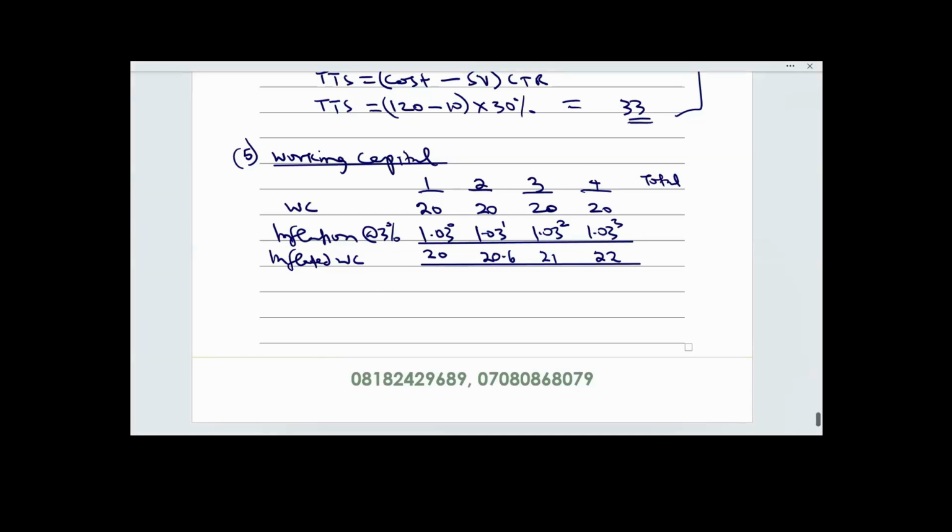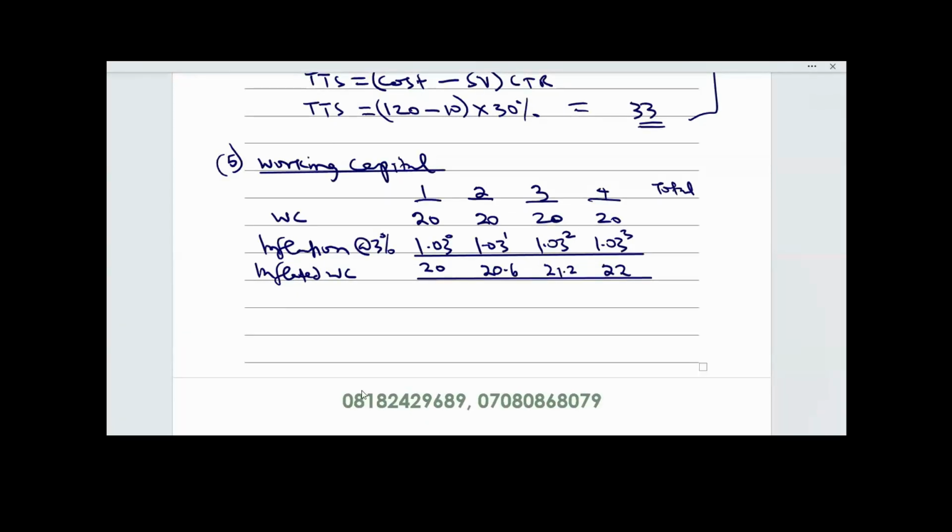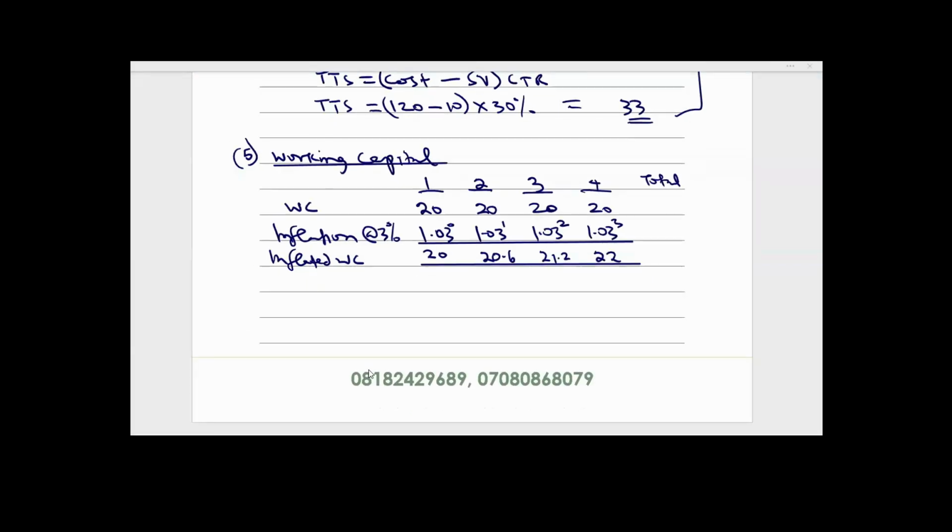Then the third year, 1.03 raised to power 2, multiply by 20, 21.2. Then the final one, which is 1.03 raised to power 3, multiply by 20 equals 21.85.